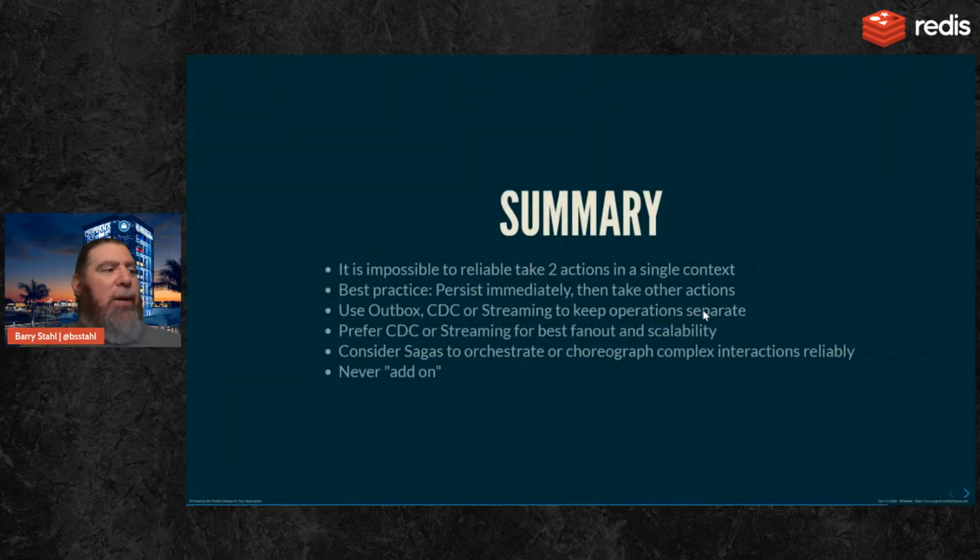So, in summary, I'm going to start off by saying 100% reliability is impossible. We haven't actually said that here. Hopefully, I've convinced you of that. But you can get much, much closer by avoiding taking 2 actions in a single context. Do everything you can to limit the number of actions you take in a single context.